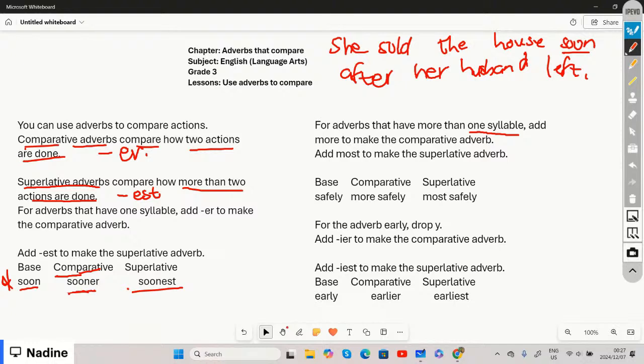All right. And in order for us to make it more comparative, when it comes to comparative adverbs, we just basically have to add most in front of the word in order to show that it's a comparative adverb.